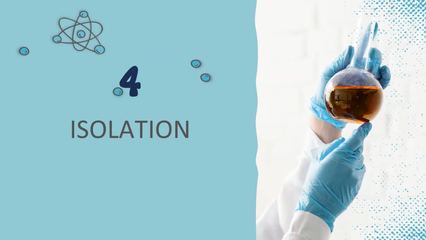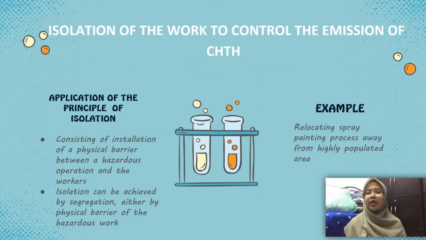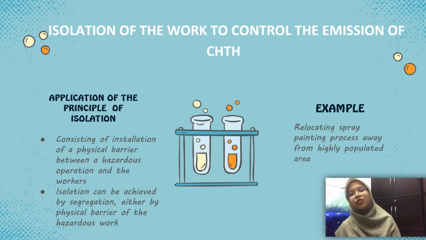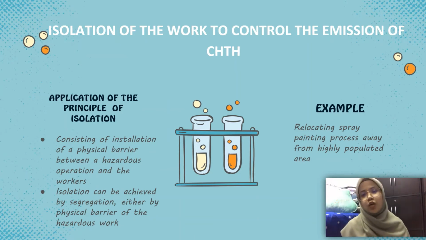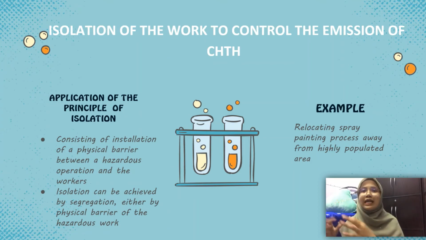Next, we go to isolation. Next I'm going to explain about the isolation of the work to control the emission of chemical hazardous to health. Application of the principle of isolation consists of installation of a physical barrier between the hazardous operation and the workers.